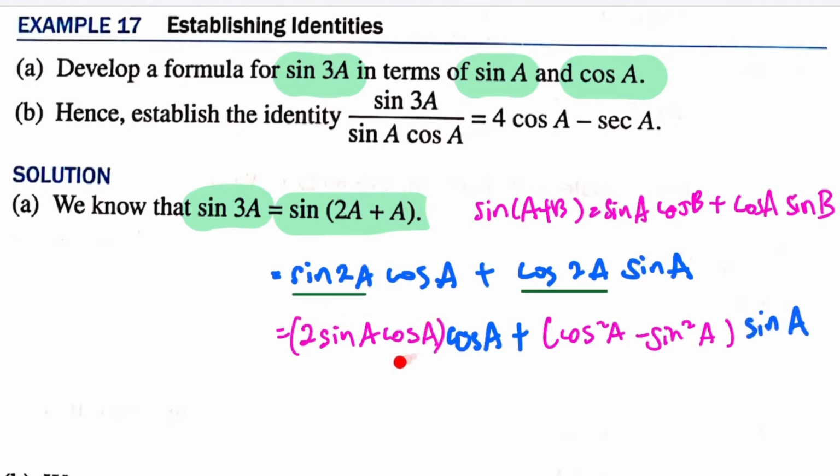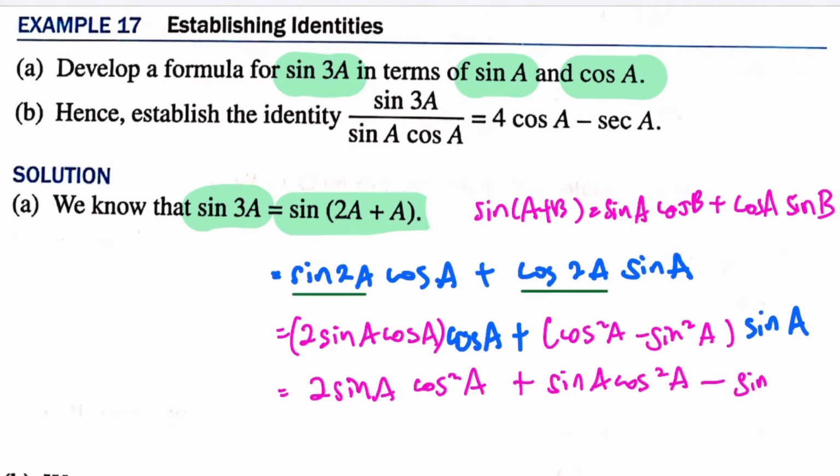Next, let us multiply this value inside. So you'll get 2 sine A cos squared A plus sine A cos squared A minus sine cubed A. Do you realize that this term here is the same?